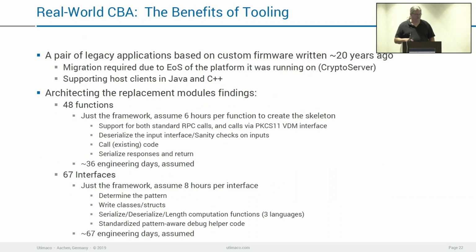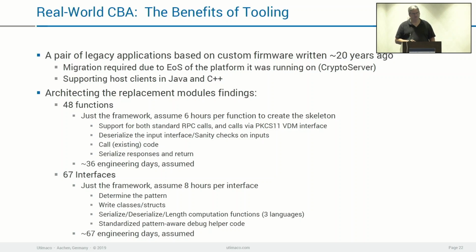So, second real-world use case: we recently end-of-sailed one of our HSMs, and we had a customer who was running custom firmware on there for close to 20 years. And they have to renew their entire module. After we had looked at what they were doing, there were 48 subfunctions that they were calling.